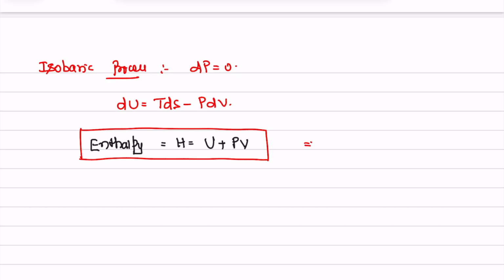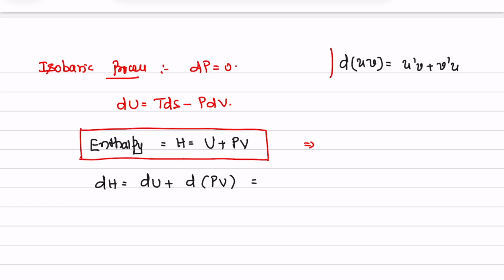Now, when you take the differentiation, dH is equal to dU plus d of PV. When you take d of uv, two functions, u dash v plus v dash u, from your preliminary calculus you may be knowing, differentiation of a product.